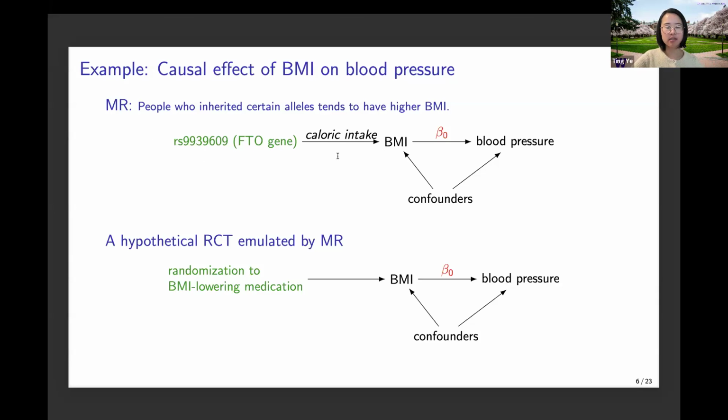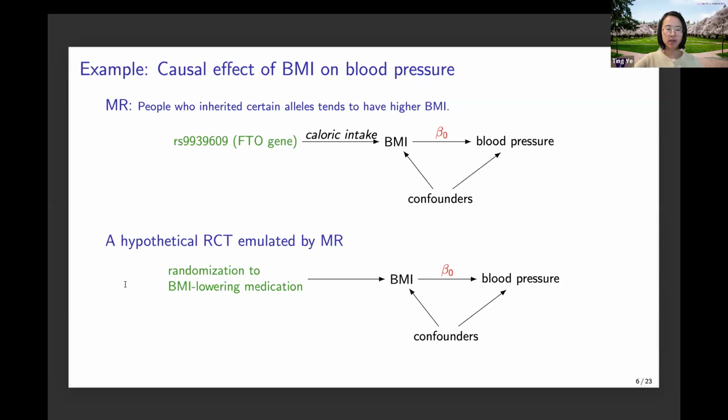In essence, Mendelian randomization uses the genetic variation to extract some unconfounded variation in BMI and uses it to study the causal effect of BMI on outcomes. And if you're a trial emulation person, it's helpful to think of a hypothetical randomized controlled trial emulated by this Mendelian randomization study.